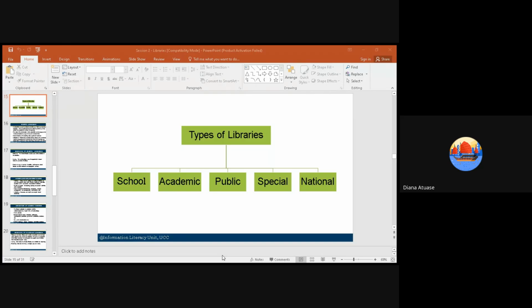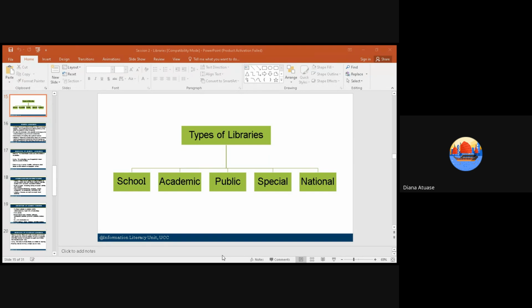So everybody can use the public library. And for the information there, any age group can find the information that you need in the public library. So the public library is a library for everybody. It does not discriminate.